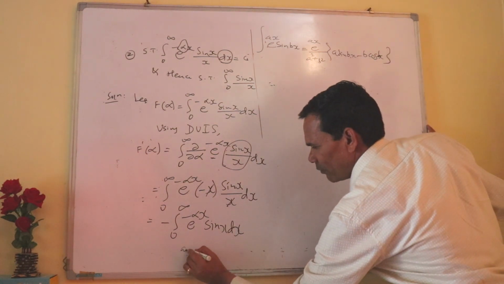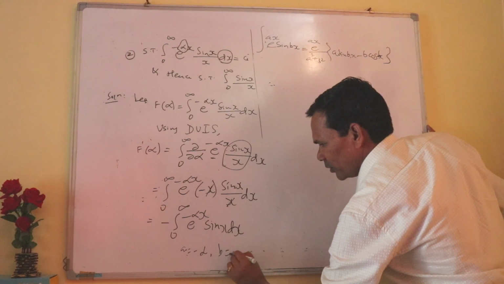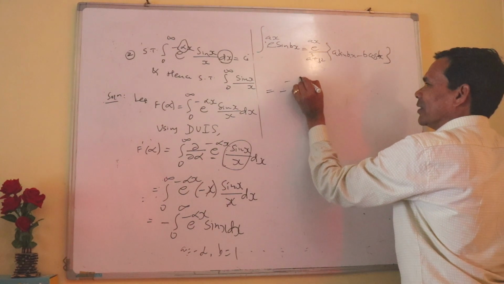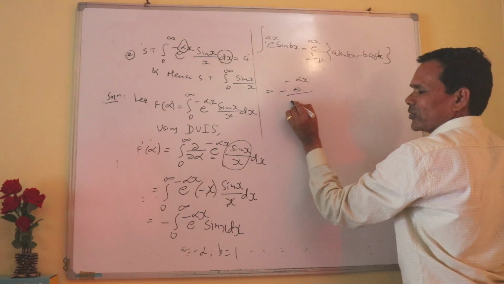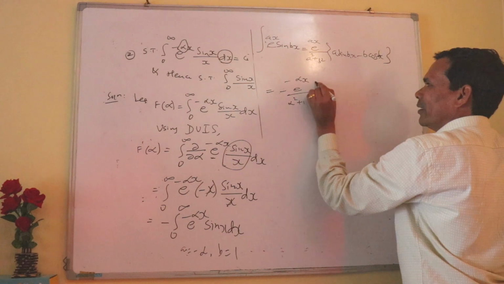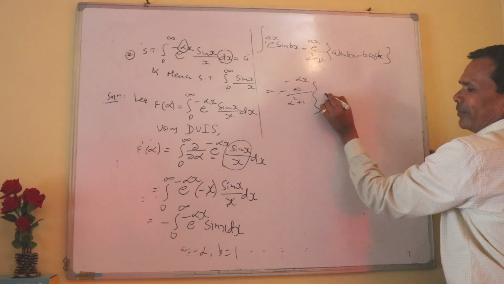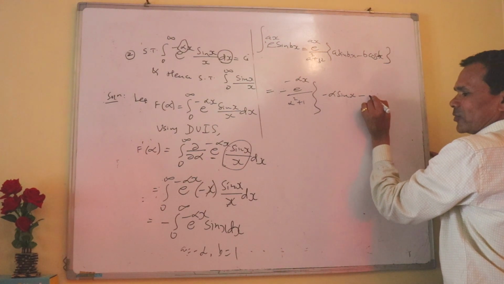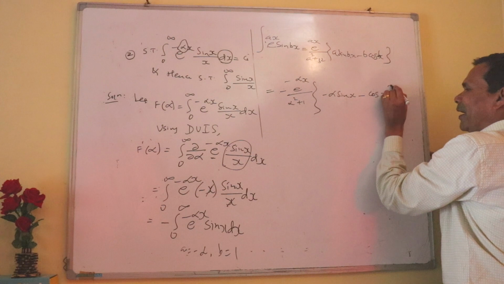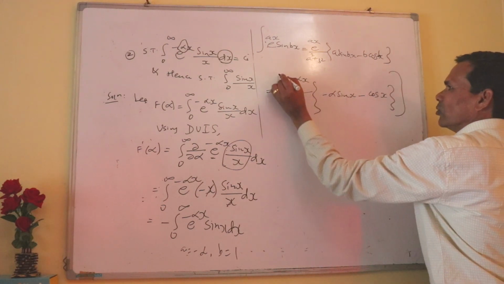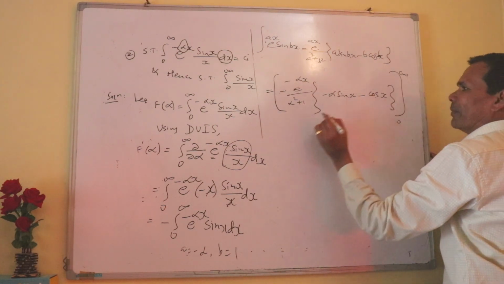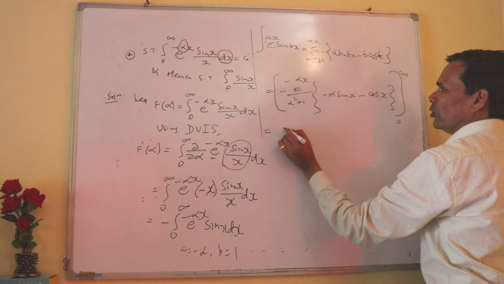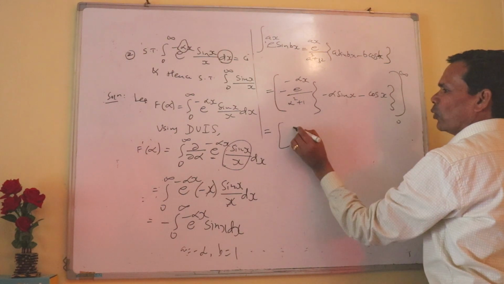So a is minus alpha, b is 1. So I write this as e raised to minus alpha x divided by a square plus b square, that means alpha square plus 1, inside the bracket minus alpha sin x minus cos x, with limits 0 to infinity. So we apply the limits here. e raised to minus infinity is 0, so 0 multiplied by the whole expression is 0.